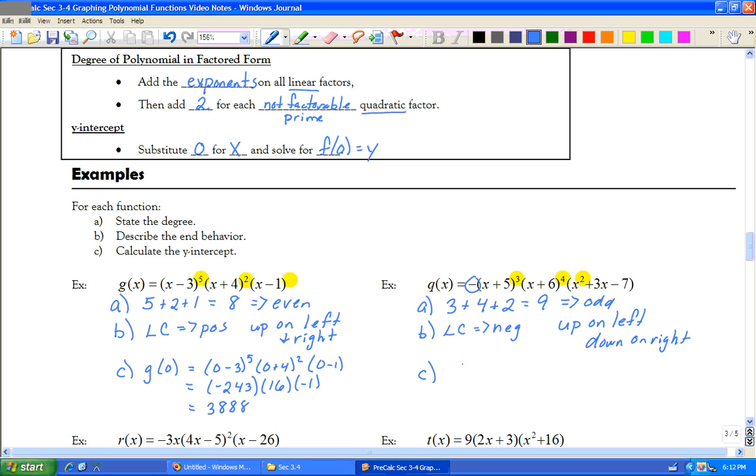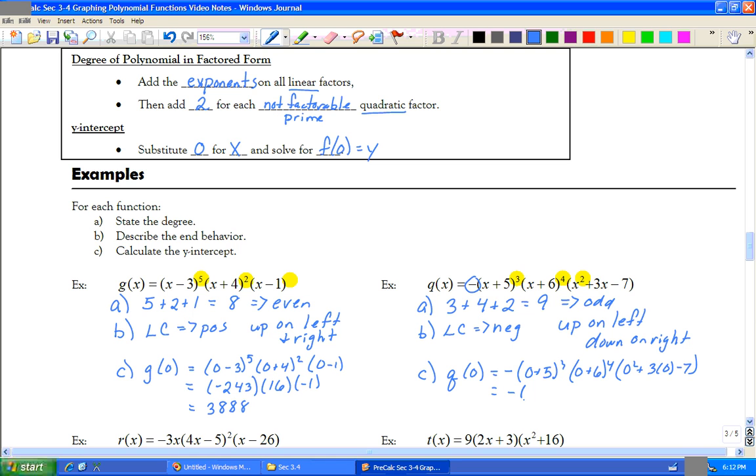And then part C, we're going to find q of 0. So that equals the opposite of 0 plus 5 to the 3rd times 0 plus 6 to the 4th times 0 squared plus 3 times 0 minus 7.